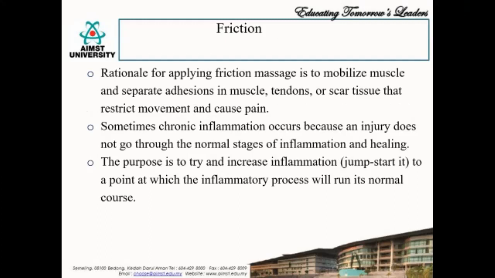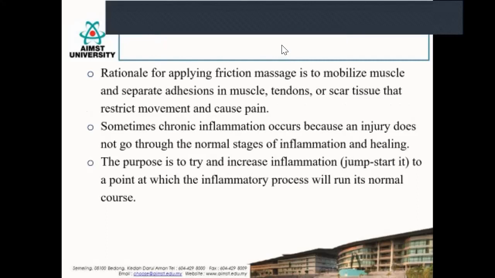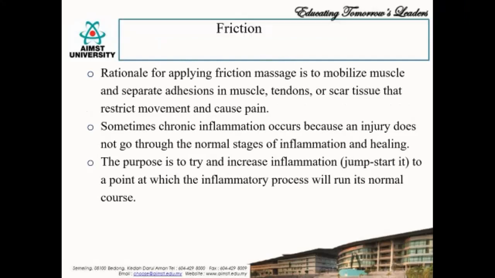So this friction will help you to break the adhesion inside the joint, in the tendon, or any scar tissue or other adhesion, and you will be able to improve the range of motion. Is that clear? Whenever the person has inflammation in the early stage, you should not give this friction because that will disrupt the healing process.